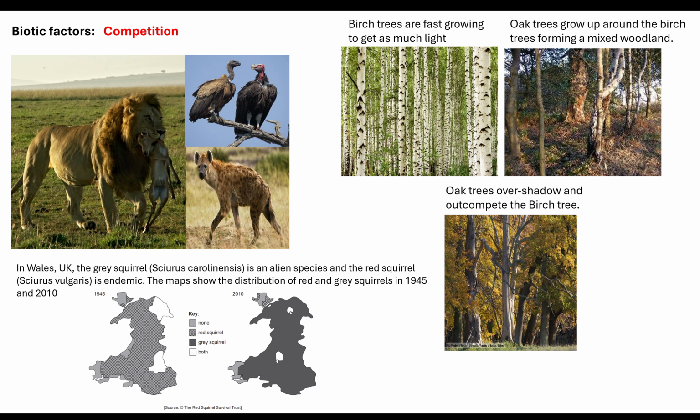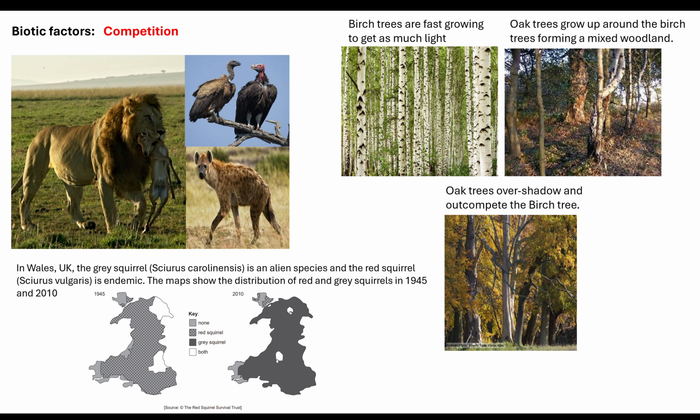So as we move through, it's important to note that they will potentially give you a graph in the exam that talks about this competition between different species. So the likes of the grey squirrel and the red squirrel. The grey squirrel was actually an alien species that was introduced and then outcompeted the native red squirrel.